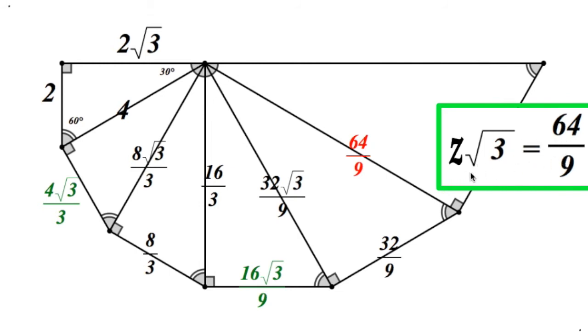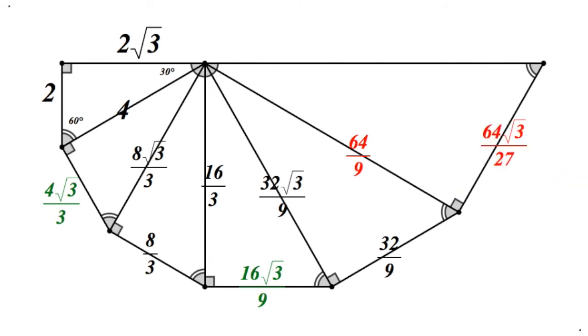You're going to divide both sides by the square root of 3 to get 64 over 9 root 3. Can't have the root 3 on the bottom, so you're going to rationalize the denominator. You'll get 64 root 3 over 9 root 3 root 3. Now the root 3 and root 3 just become 3, and 9 times 3 is 27. So your answer for Z is 64 root 3 over 27.